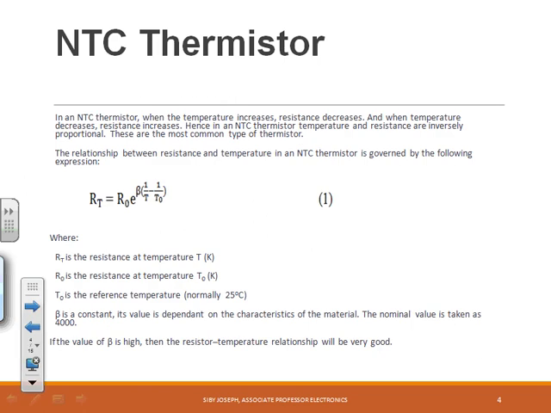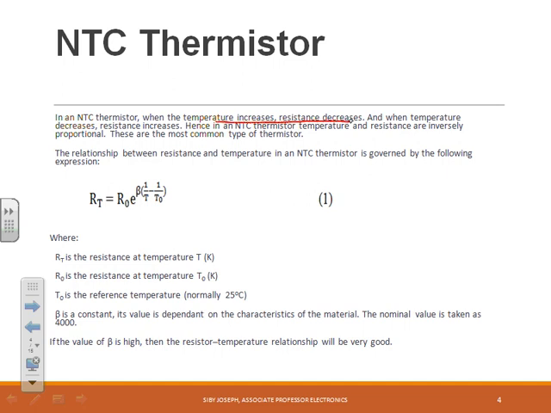So what is NTC? Negative temperature coefficient thermistor. What do we mean by negative temperature coefficient? Negative temperature coefficient thermistors show the property that when temperature increases, the resistance decreases.